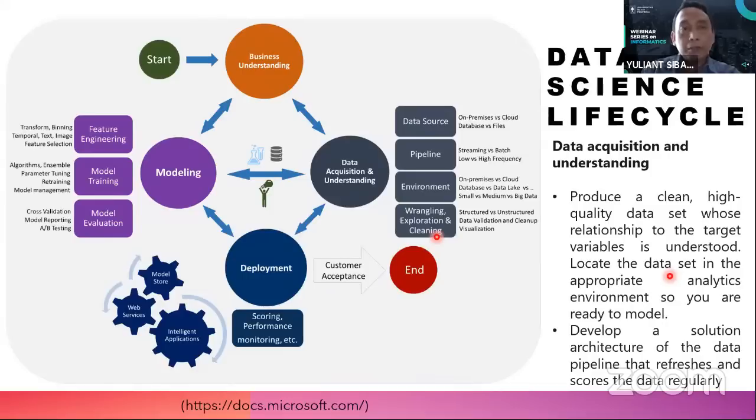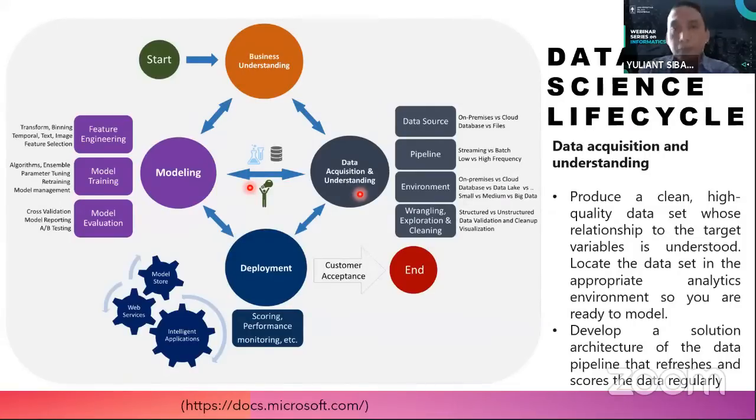The second process is data acquisition and understanding. It is related with data source, pipeline, environment, wrangling, exploration, and cleaning.